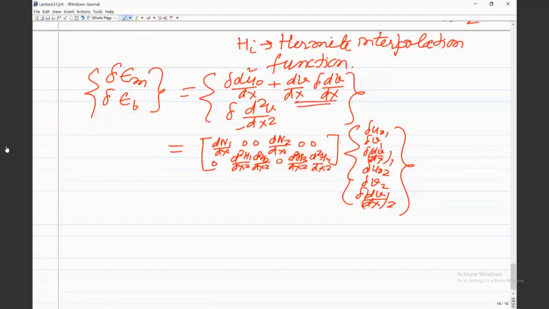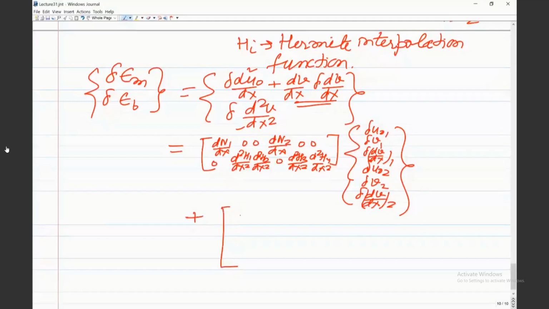So when you write the nonlinear part, you will have plus again the nonlinear part of the strain displacement matrix. In the first term we have basically dv by dx into delta dv by dx. So dv by dx we want to keep as it is, and delta dv by dx we want to expand in terms of the degrees of freedom. So let me write a little bit below that.